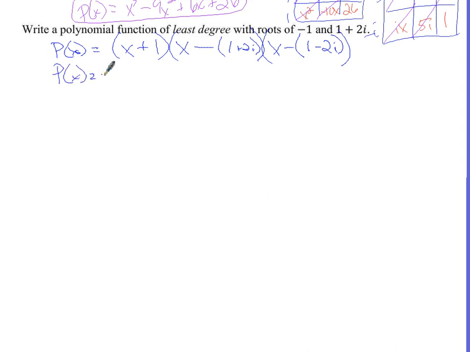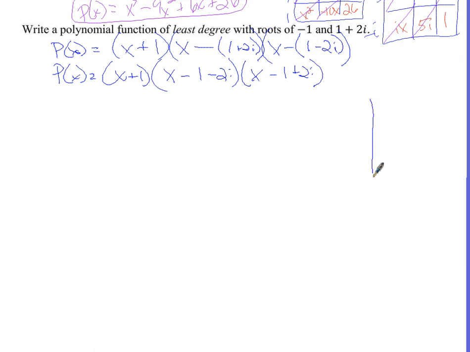So p of x equals, the x plus 1 will stick around, and then inside the parentheses I'll have x minus 1 minus 2i times x minus 1 plus 2i. Now the box.